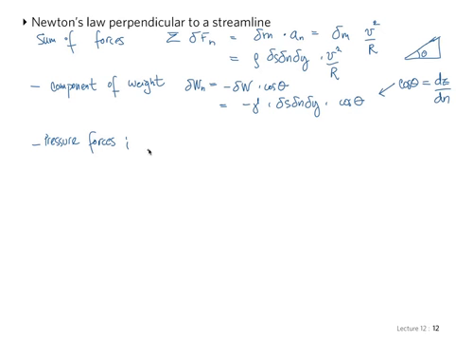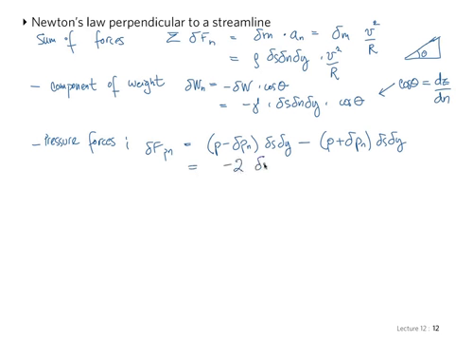And dF pressure, normal direction, is P minus dP normal times the area that it was being applied to, which was ds dy, minus P plus dP normal, ds dy. And so we have again minus 2 dP normal times ds dy.